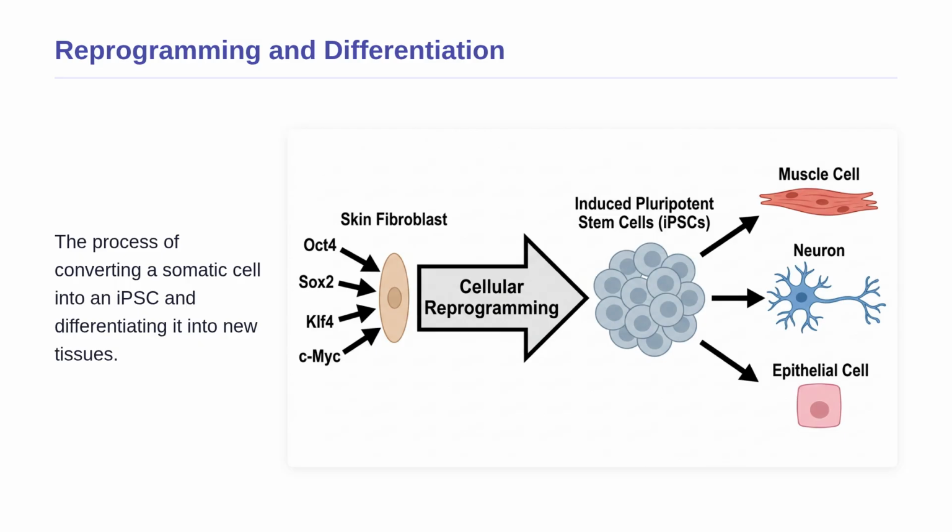These are our induced pluripotent stem cells. Finally, look at the right side of the diagram. Because these iPSCs are pluripotent, they can be coaxed to differentiate into entirely different specialized cells, such as a muscle cell, a neuron, or an epithelial cell. This visualizes the complete journey from one adult cell type to another.